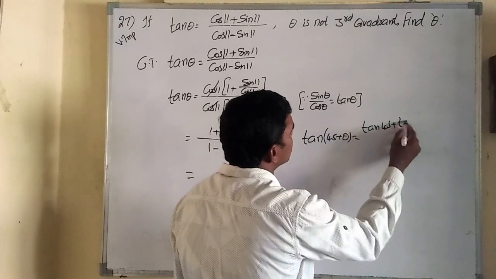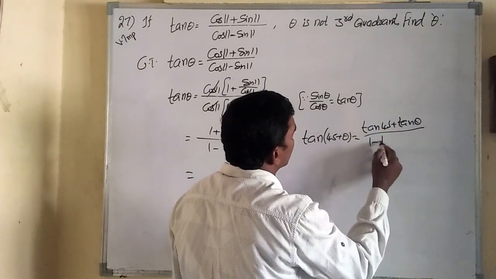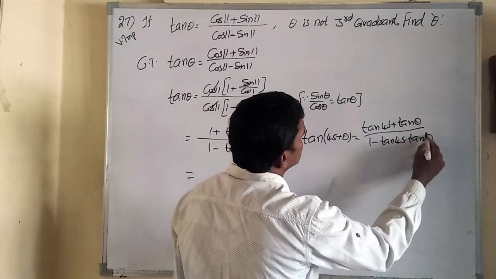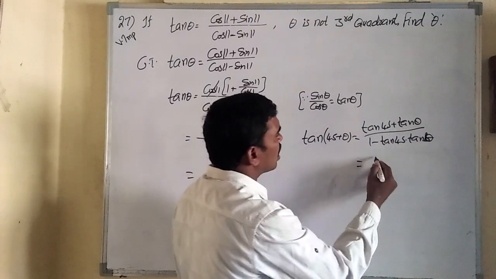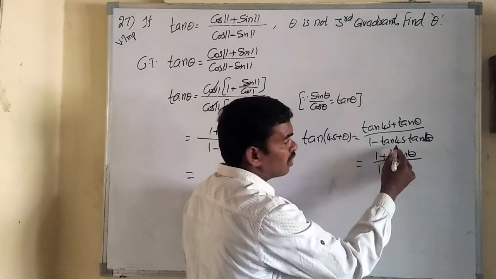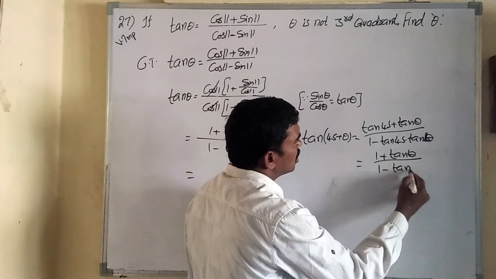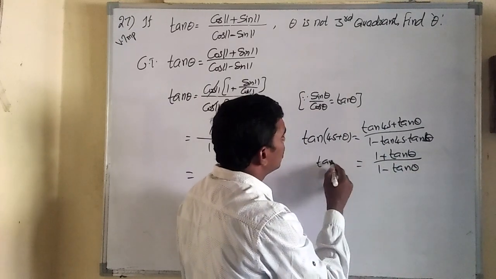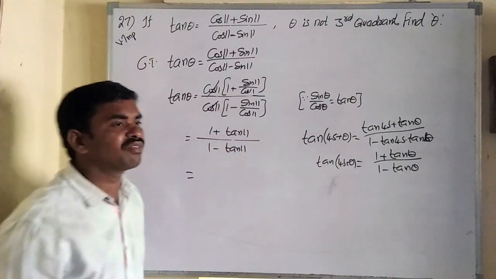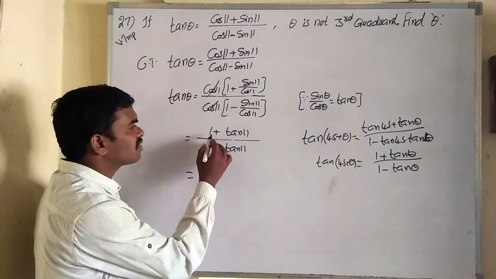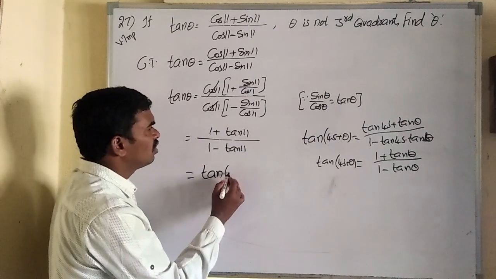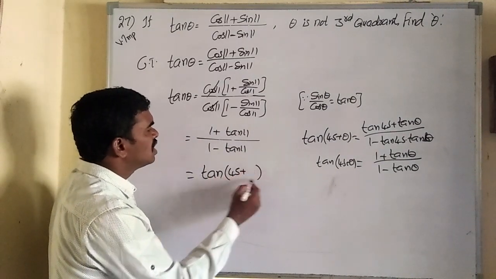Tan a plus tan b by 1 minus tan a into tan b, where b means theta. Tan 45 value is 1, so (1 plus tan theta) by (1 minus 1 into tan theta). So 1 minus tan theta in the denominator means tan of 45 plus theta. So we can write it in the form of (1 plus tan theta) by (1 minus tan theta), so we can write tan of 45 plus theta.